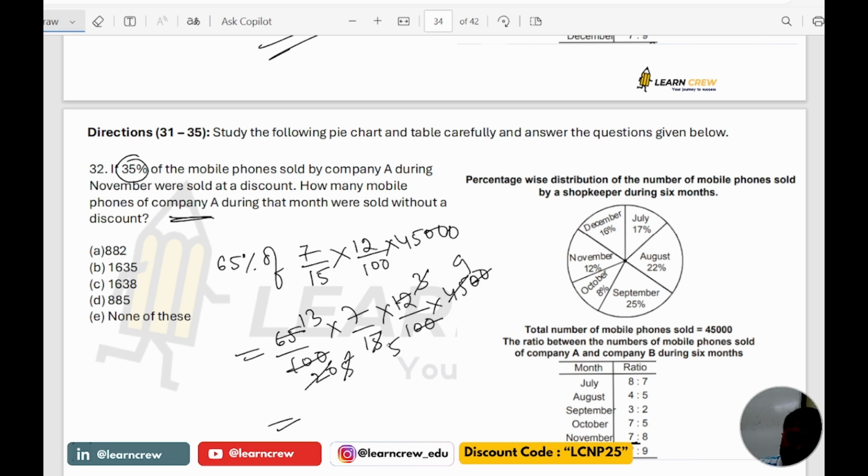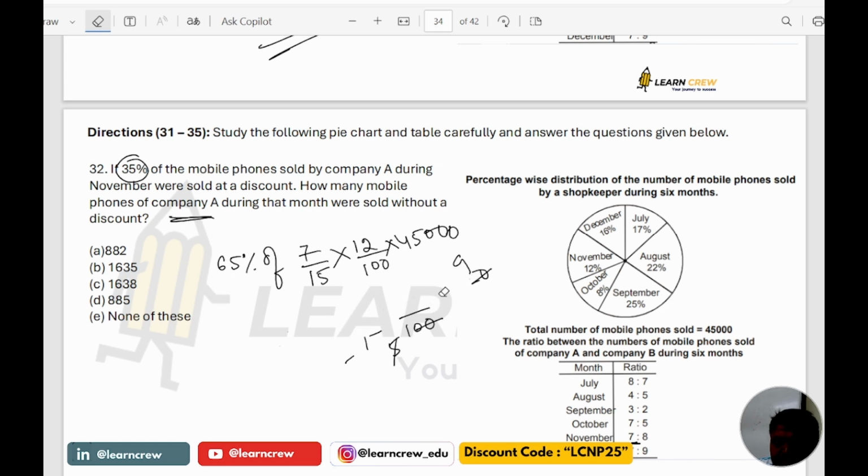Now how much are we going to get? 5 into 1.4. So 9 times 14 is 126, 12.6 into 13. I think I've made a mistake. There is some mistake in the calculation. Once again, please see.